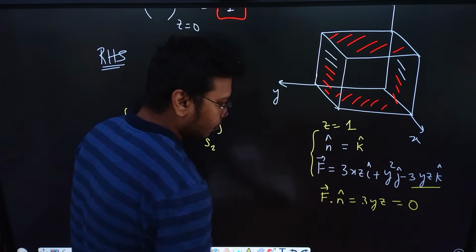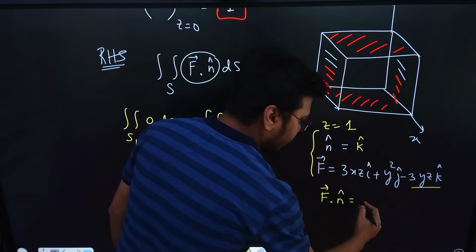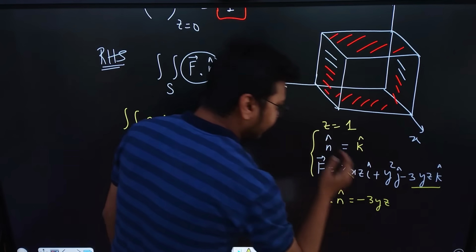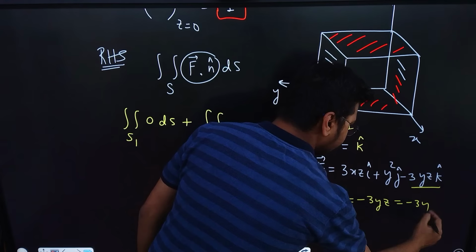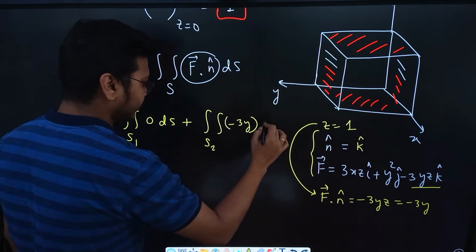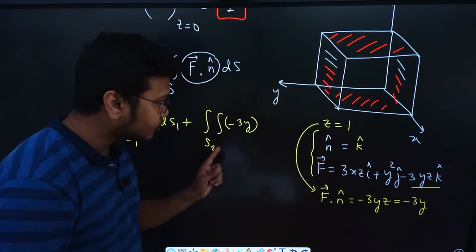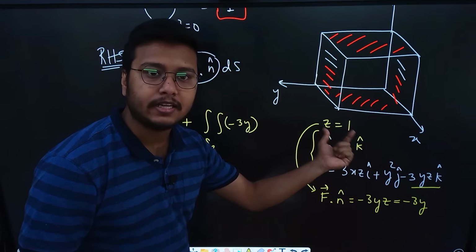So the z value is now fixed to 1. So f dot n cap, if I find that out, f dot n cap is now going to be minus 3yz, and if I plug in this value of z, it's going to be minus of 3y, correct? So minus 3y. Now on the S2 surface, which variable is fixed? The variable z is fixed, its value is z equals 1.